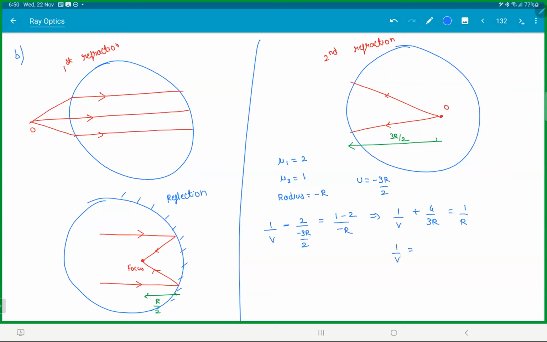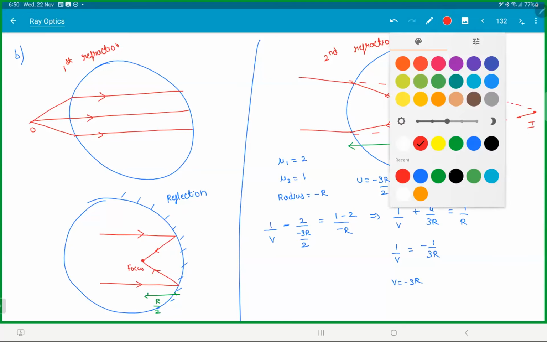This would be 1 by v is equal to minus 1 by 3r. V is equal to minus 3r, meaning these light rays have become diverging, and when you extend them, you're getting a virtual image at a distance of 3r from this pole.